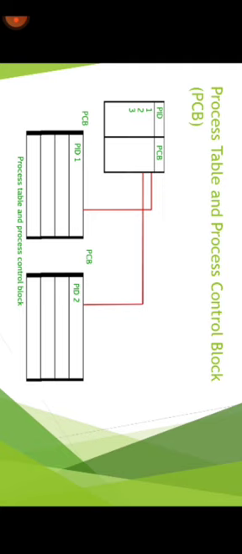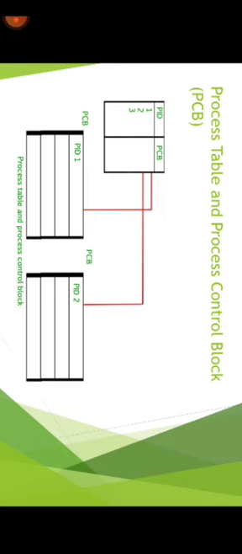Then next is the process control block and process table diagram. In this diagram, we see the relationship between the process table and the process control block. The process table contains process identifiers and a pointer to their corresponding PCBs, which store the detailed information about each process. The diagram shows three PIDs, PID 1, PID 2 and PID 3 in the process table.